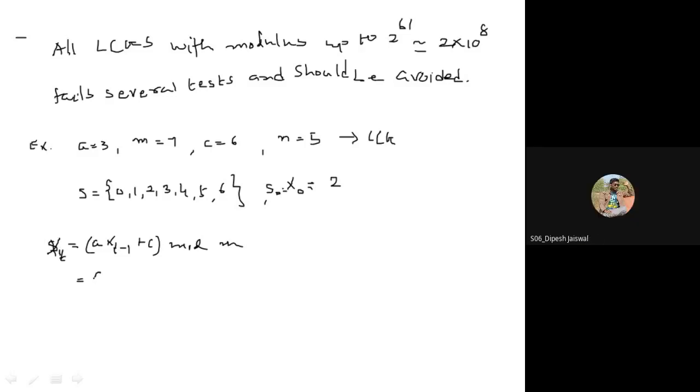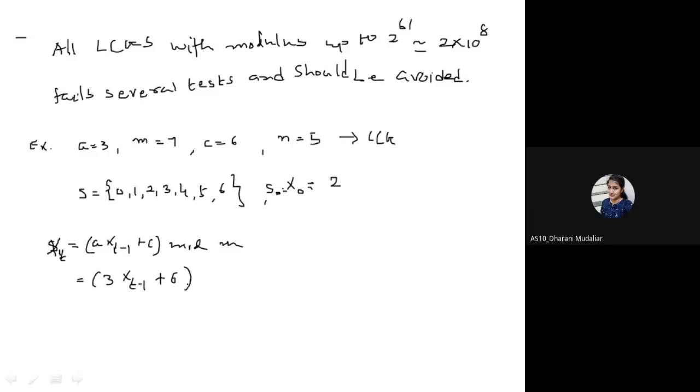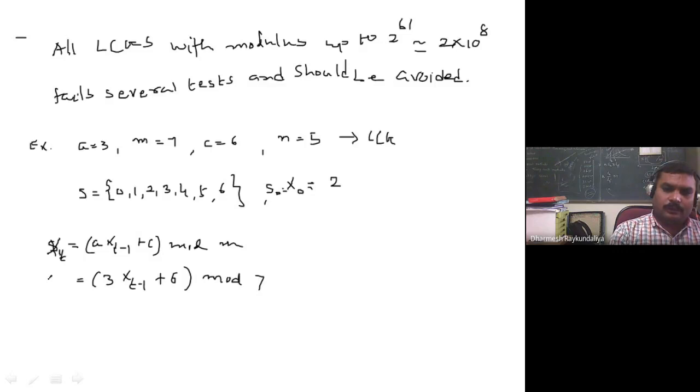It is 3, and HT minus 1 plus C, C is 6, and modulo 7. So this is my linear congruential generator. Now I am going to make the table here for T equal to.